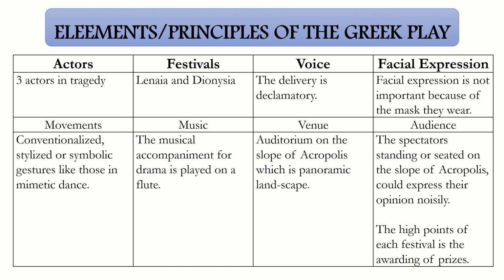Music. The musical accompaniment for drama is played on the flute. Venue. Auditorium on the slope of the Acropolis, which is a panoramic landscape. Audience. The spectators standing or seated on the slope of the Acropolis could express their opinion noisily. The high point of each festival is the awarding of prizes.